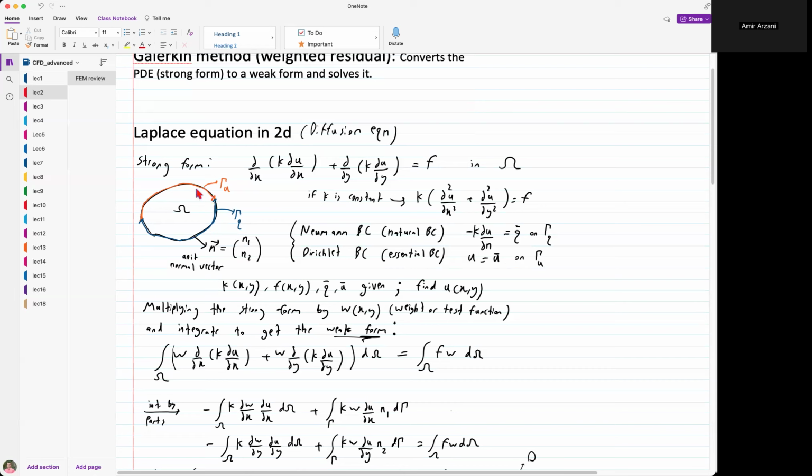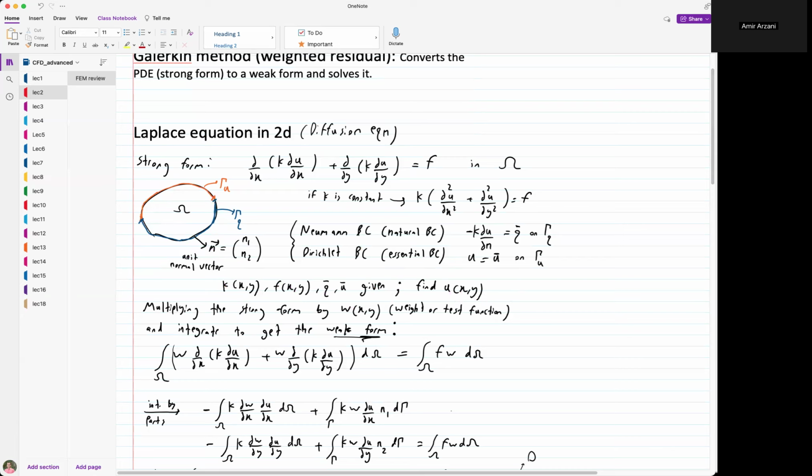We should also know the domain, of course, the geometry, to solve this problem. And the boundary comes with a unit normal vector n, which has n1 and n2 components in a 2D problem.